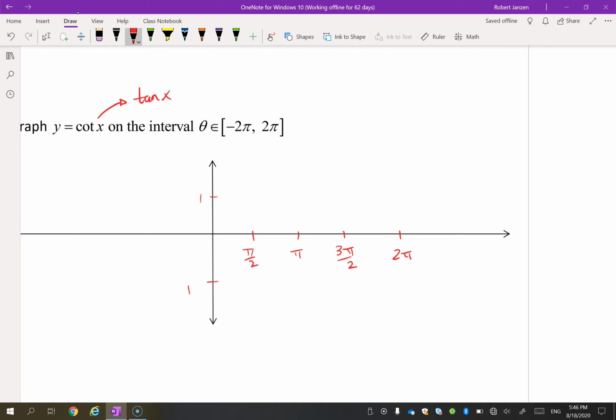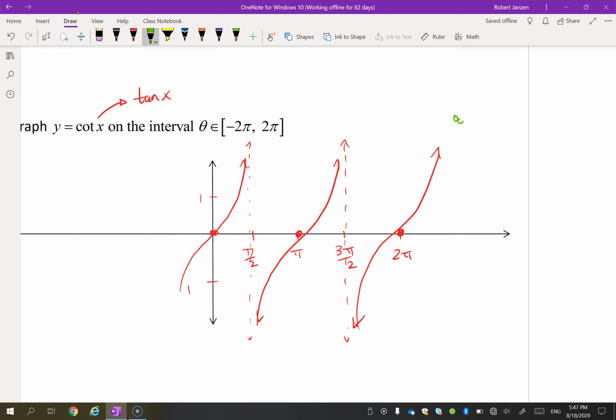And if you remember, it had asymptotes at pi by 2, at 3 pi by 2, etc. And then there were values, we had x-intercepts here. Okay, and so the tan graph looks something like this.